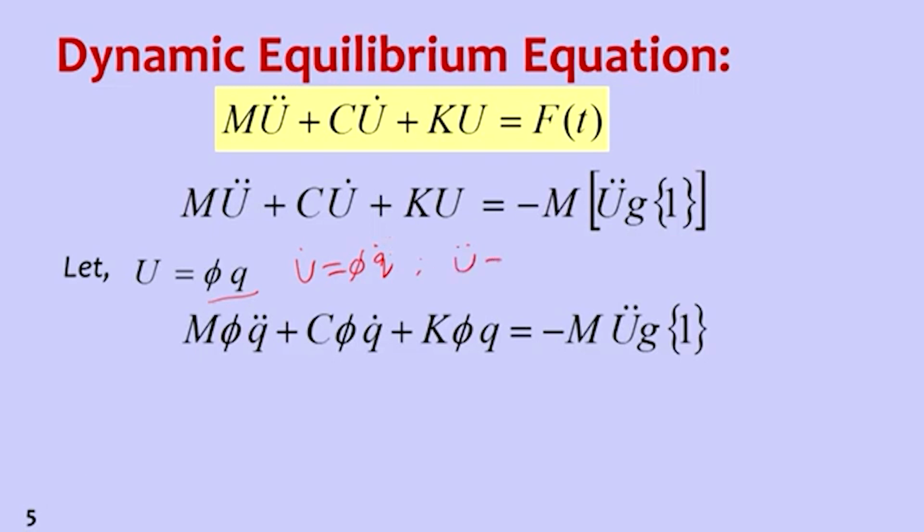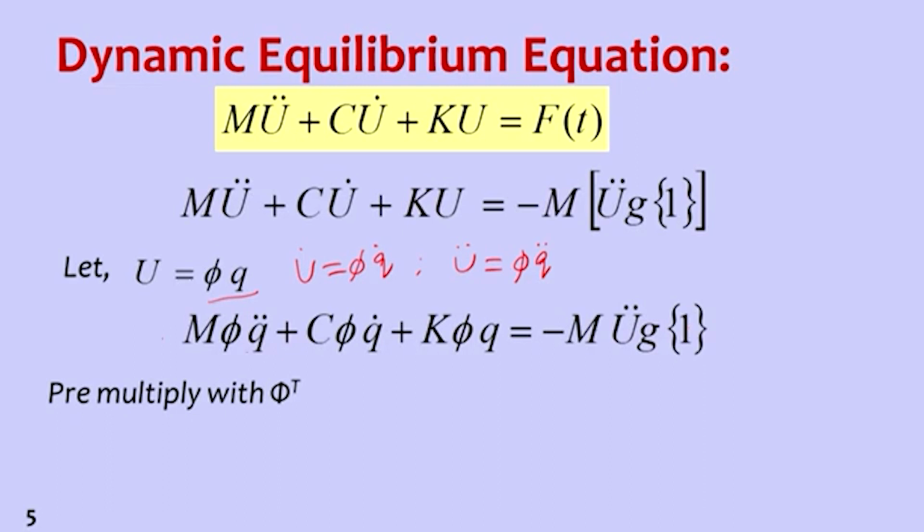Similarly, u double dot is equal to phi times q double dot. So we get m phi q double dot plus c phi q dot plus k phi q. We are substituting u, u dot and u double dot in this equation, and the total equation is equal to minus m u double dot g.